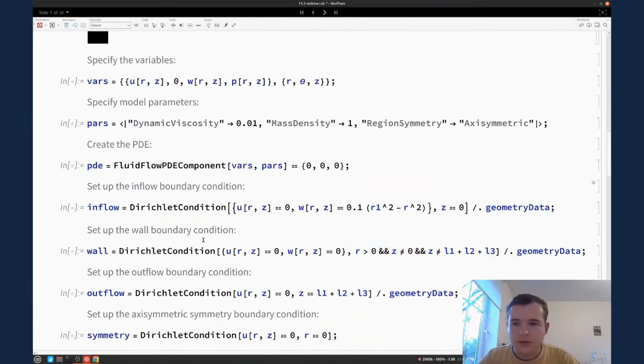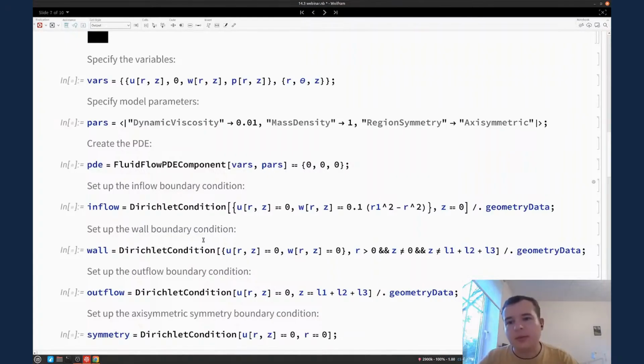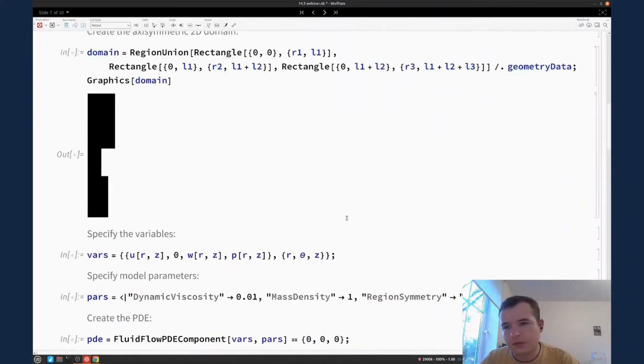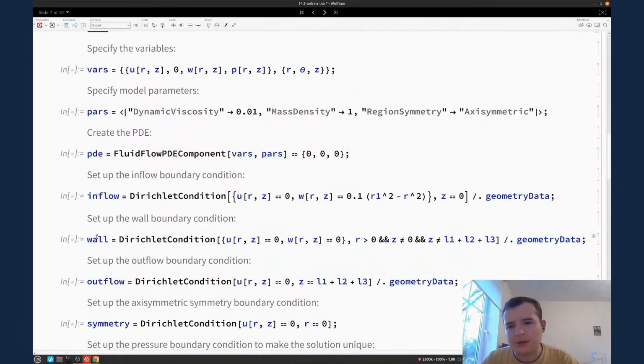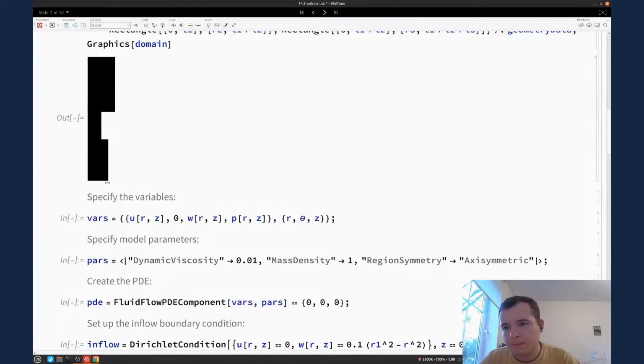And since we are dealing with PDEs, we need to set up the boundary conditions. So the first boundary condition here is this parabolic inflow. This is an inflow here at the bottom of the domain, and this is what drives the flow in this domain. The second boundary condition is a no-slip boundary condition on the wall. This means that we assume zero velocity here at this wall.